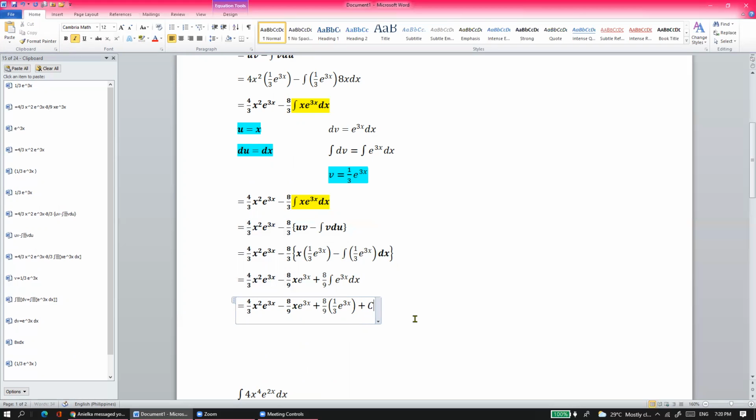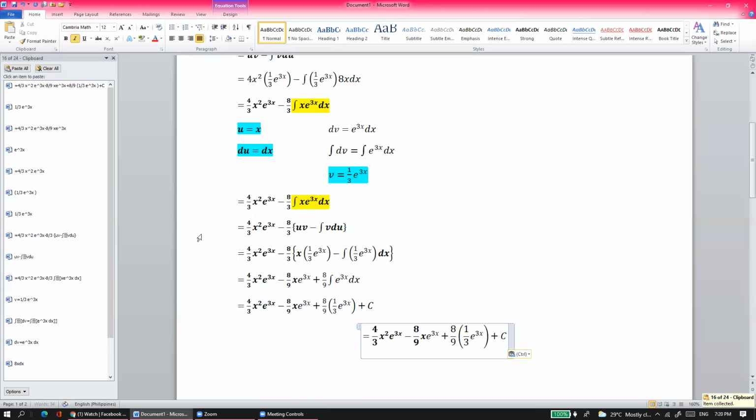Then, plus C. What's the right time na pwede akong maglagay ngayon ng arbitrary constant? And then, finally, pwede na nating simplify yan. Copy-paste ko lang. Ang ating final answer is 8/27. So, palitan ko na lang ito ng 27 sa baba.